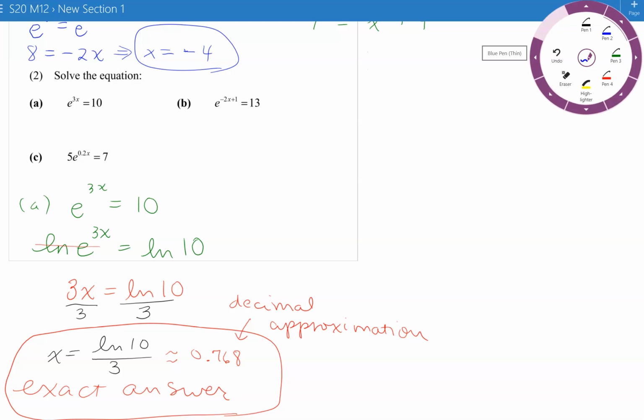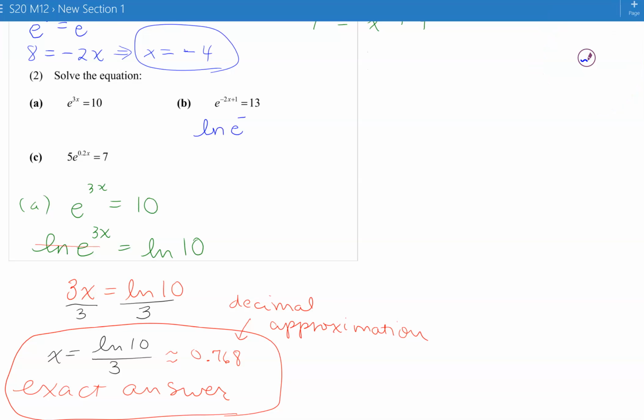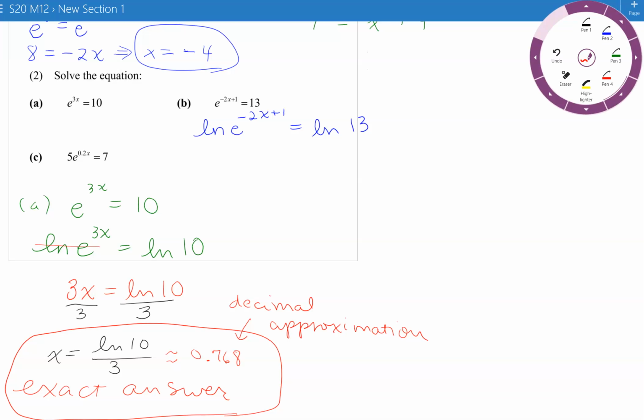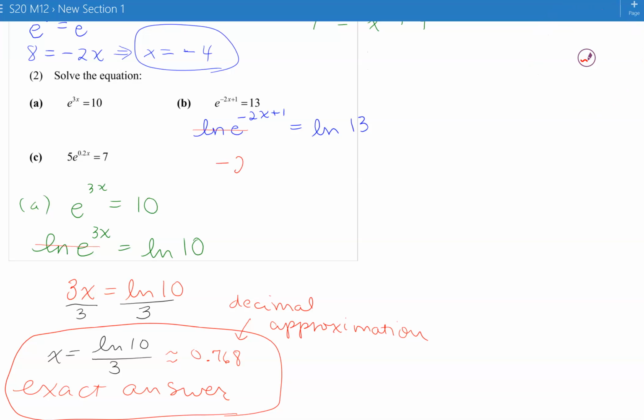So let's look at B. And I'm going to have ln of e to the negative 2x plus 1 equals the ln of 13. The ln of e to a power, both undo each other and leave you with the exponent. And that's equal to the ln of 13.